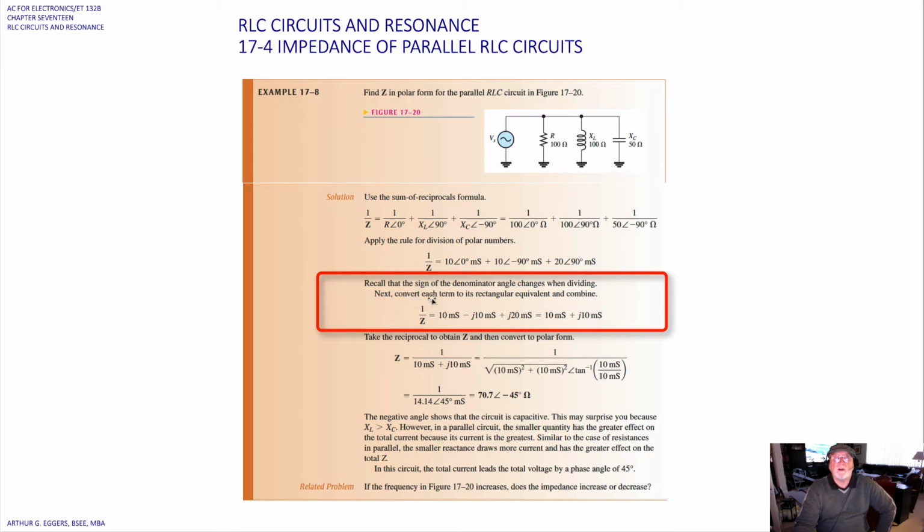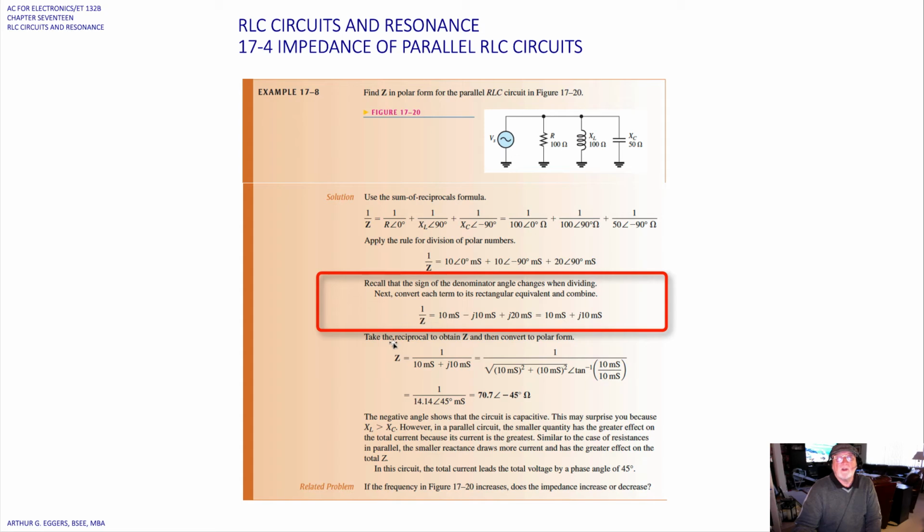Next, convert each term to its rectangular equivalent and combine. So now we have 1 over the impedance equal to 10 millisiemens minus j10 millisiemens plus j20 millisiemens, and that brings us to the vector relationship 10 millisiemens plus j10 millisiemens. Phasorially, we have combined the like terms so that we have this as far as we can go.